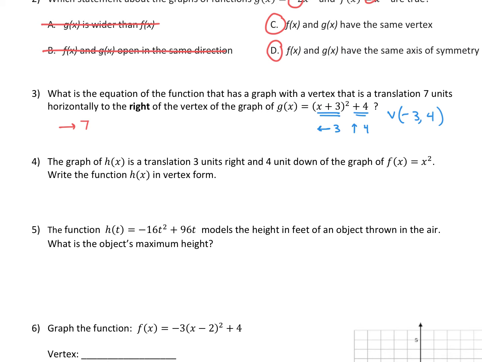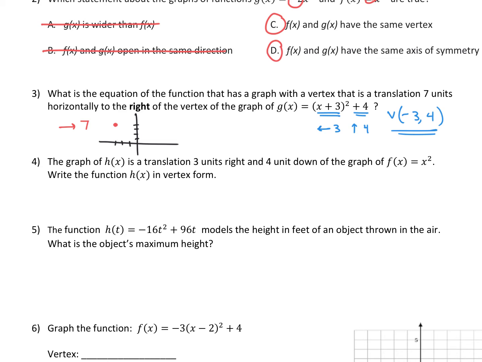Now we need to write our own function that is 7 units to the right of this. So if we think about visually what they're saying here, we're at negative 3, 1, 2, 3, 4. Here's where this function is.